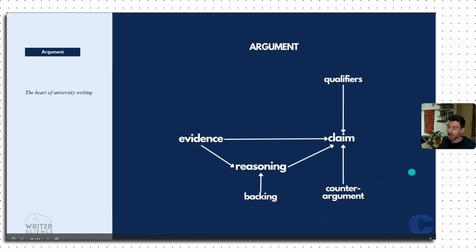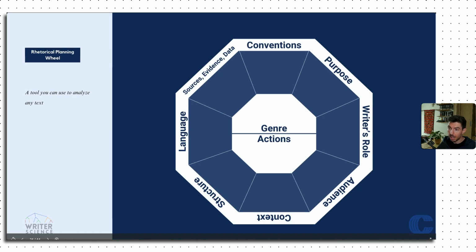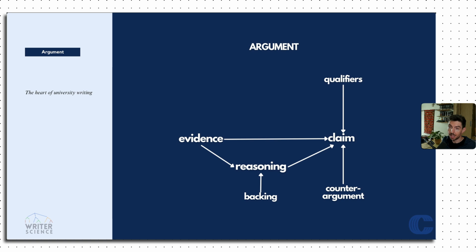So the first step in completing this assignment is to use this tool or something like this, to gather evidence about your 2 articles in your field. Once you've gathered that evidence, you're ready to move on to the next step, to turn that evidence into an argument. So let me show you the various parts of this argument structure.